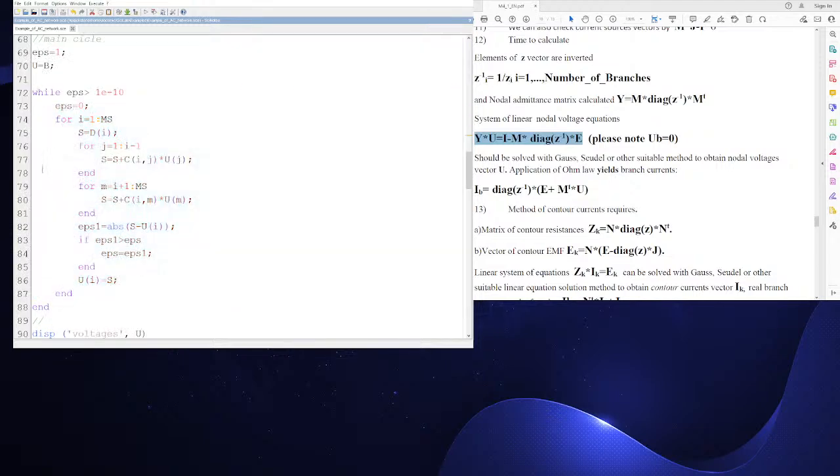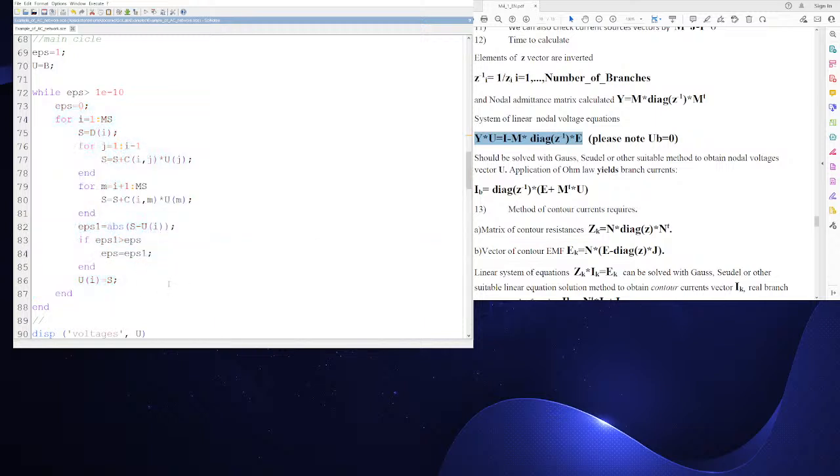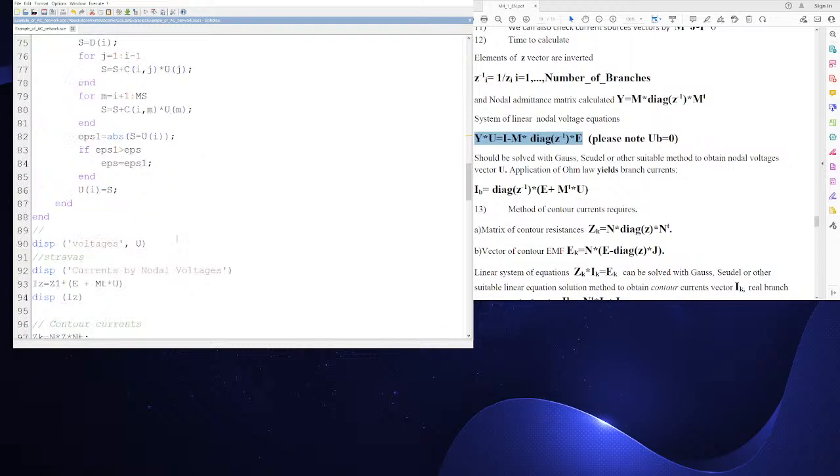Here, it's a solution with the help of Zeidel, the second iterative method of linear equation system solution, right? Created by Ludwig Zeidel. And I get voltages.